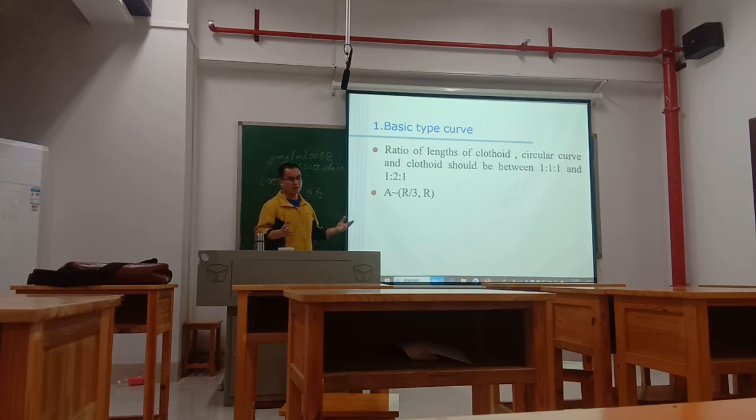So if the length of the circular curve is 5 times the length of the closed-side, it's not a good design.